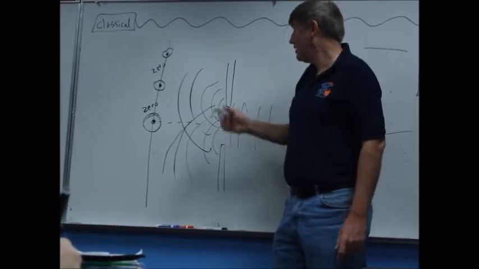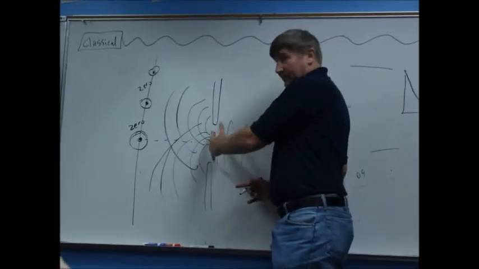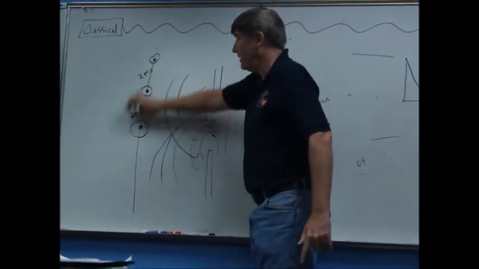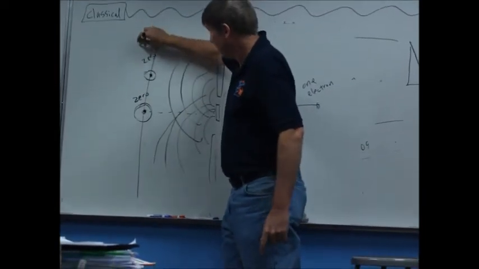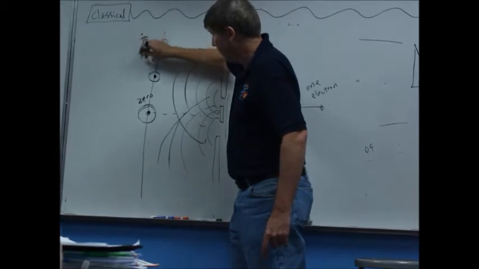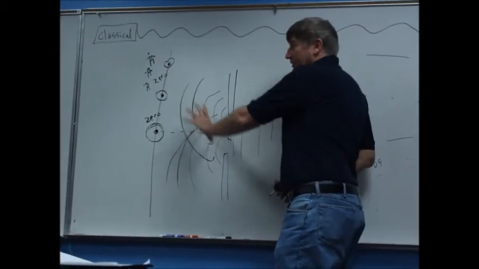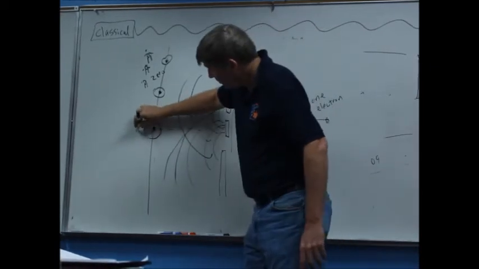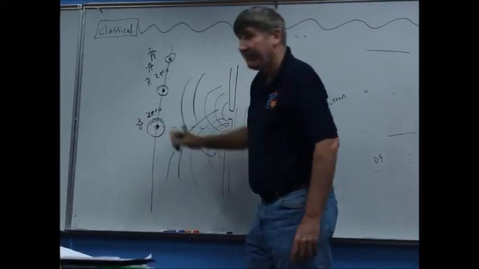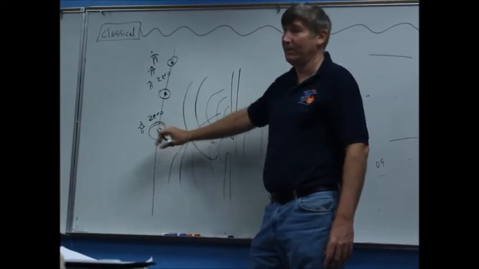Okay? So let's think of it as if it's water. Okay? So if I've got a water wave coming through here, and this is the beach, and I've got people standing on the beach, and we've all got radios, and we're all talking to each other. Okay? So this wave comes through and it hits the beach. The person who's standing right here is going to say, I just saw a really big wave hit the beach.